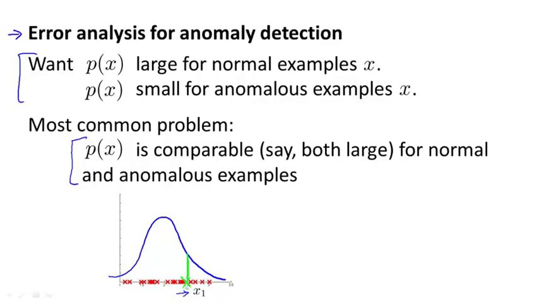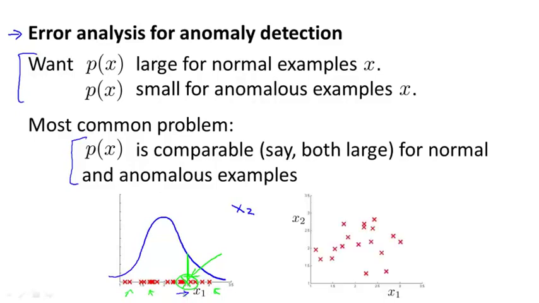Now, if this were maybe aircraft engine manufacturing or something, what I would do is look at my training examples and look at what went wrong with that particular aircraft engine and see if looking at that example can inspire me to come up with a new feature x2 that helps to distinguish between this bad example compared to the rest of my red examples, compared to all of my normal aircraft engines.